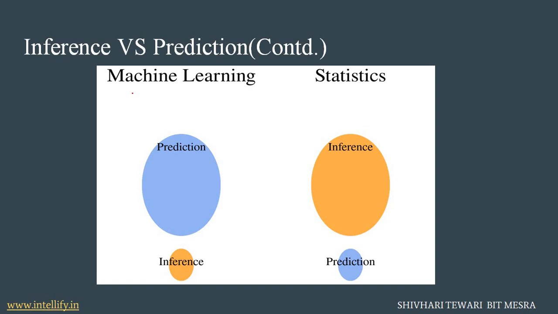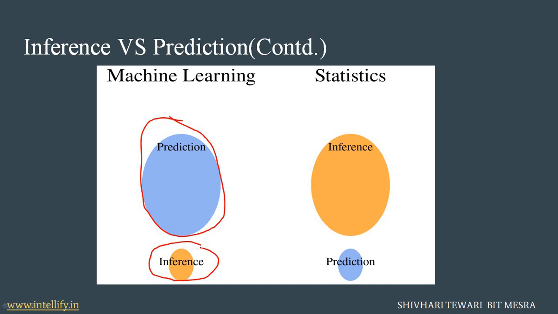Here is the flowchart of machine learning and statistics, and how inference and prediction are both used in them. Prediction is the major part in machine learning, which is used by inference to learn about the data generation process. Machine learning is not about prediction, it is all about data generation.